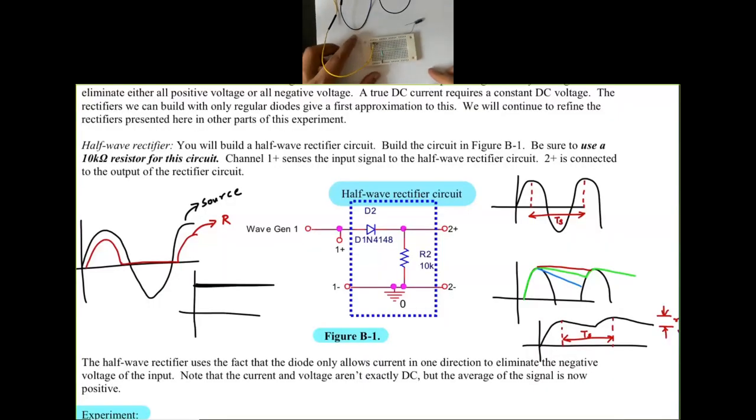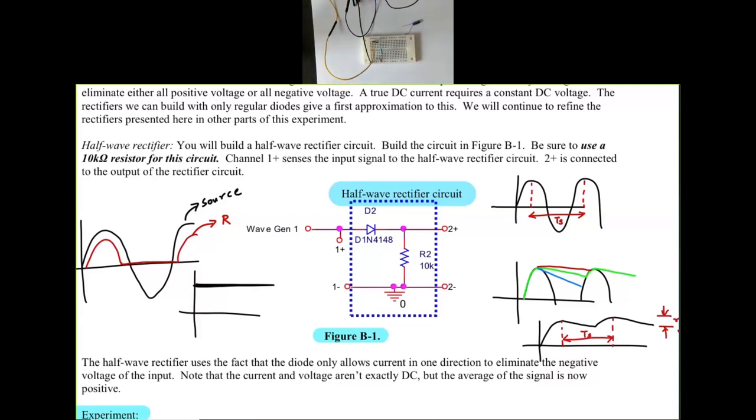What else do I need? I need a black wire to connect to ground. Hopefully I can find one. Okay.